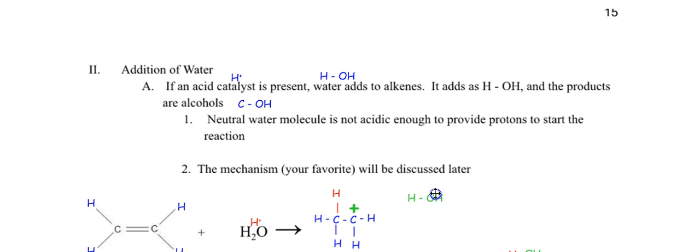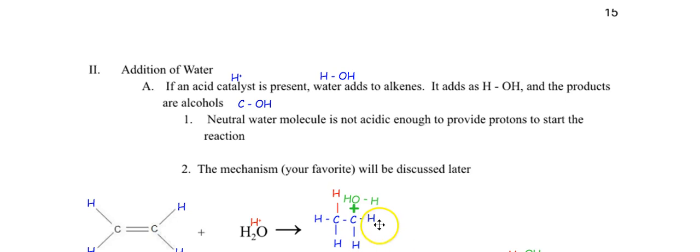Now, which end of water is going to be attracted to the carbocation? Well, it's the oxygen part, maybe in a sense the hydroxide part. So it's flipped upside down because that's where the attraction is going to go.